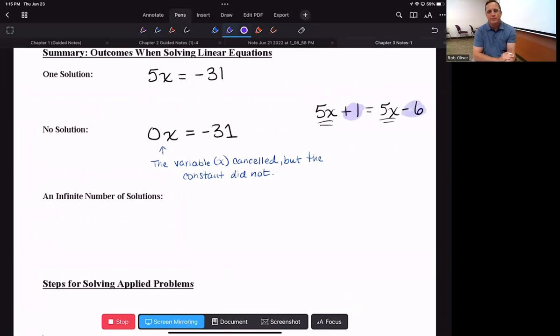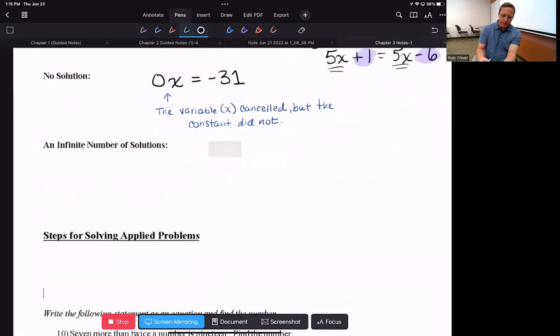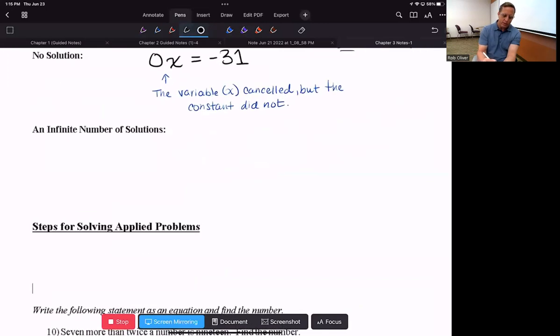One of the constants is 1 and the other one's negative 6. So if it ever looks like that, an alternative way of spotting it is that both sides aren't exactly the same, they're almost the same, but not quite. And then when it has an infinite number of solutions, it's going to look like this.